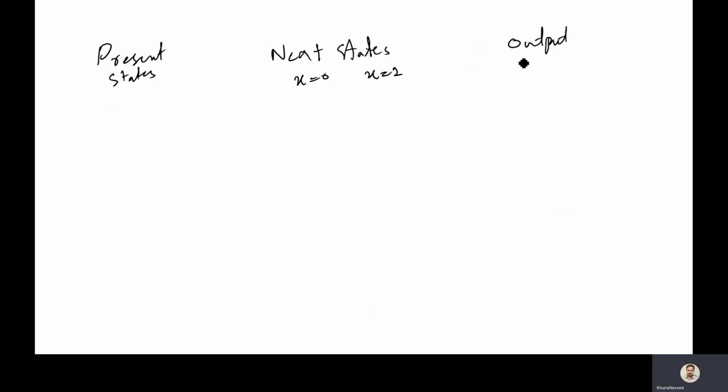In a state table, we have present states, and then we have next state for input x is equal to 0 and input x is equal to 1. And we also have some output for both input levels, x0 and x1.